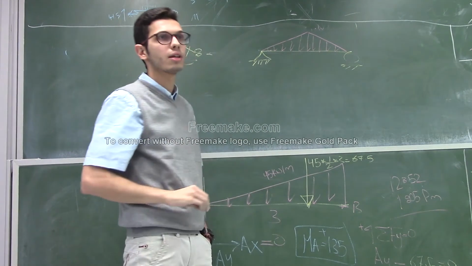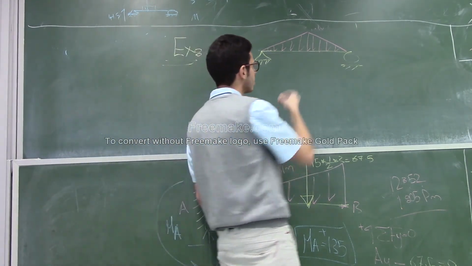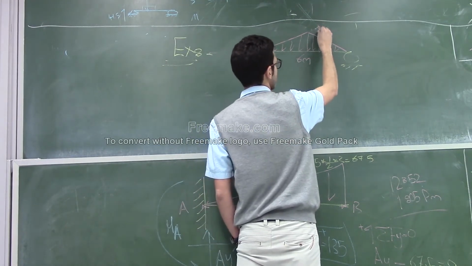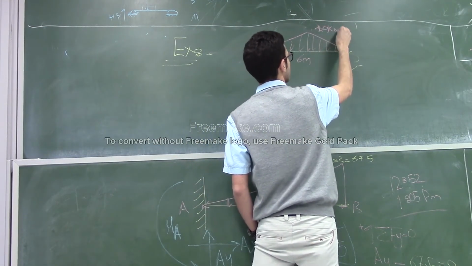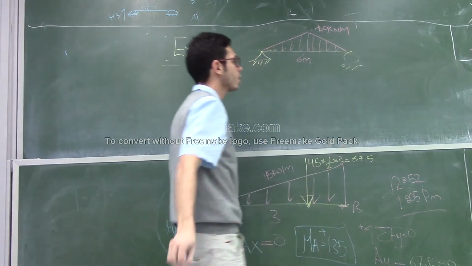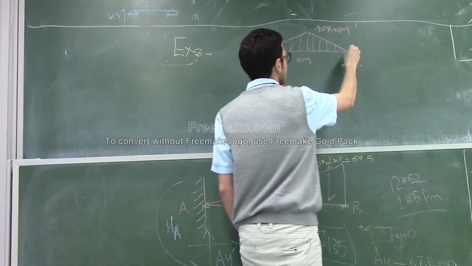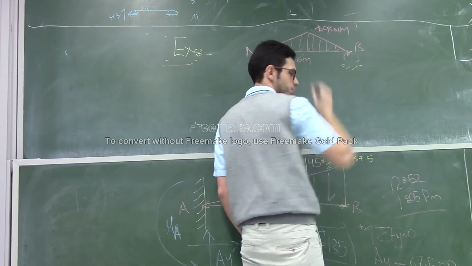Let's put the numbers. Let's say this is 6 meter, and this is 20 kilonewton per meter. Here is point A, and this is point B.